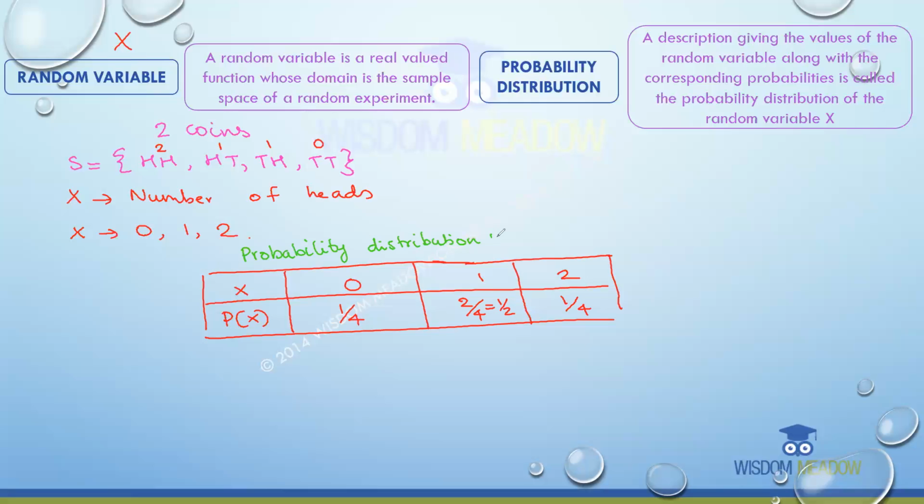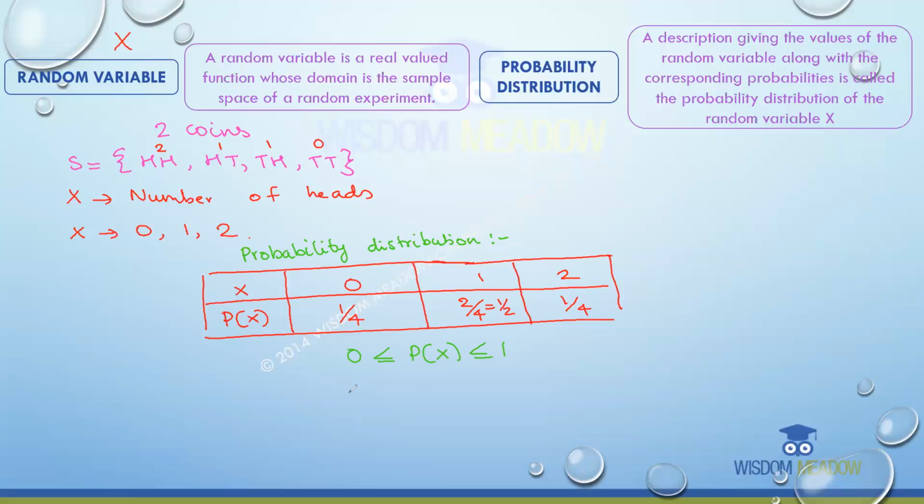Now, some properties over here is that each probability value, P of X, would be a value between 0 and 1. And when you add the probabilities, the sum is going to be 1.